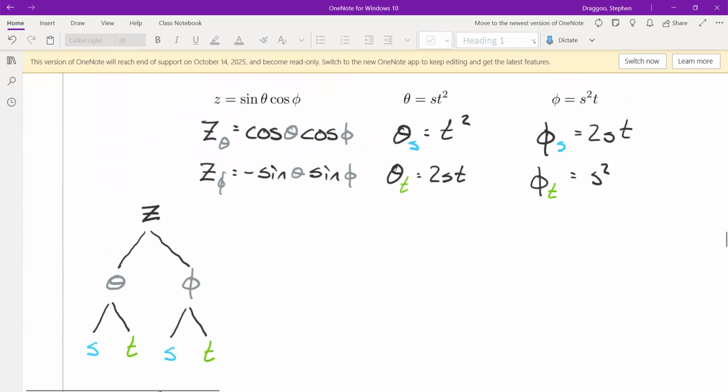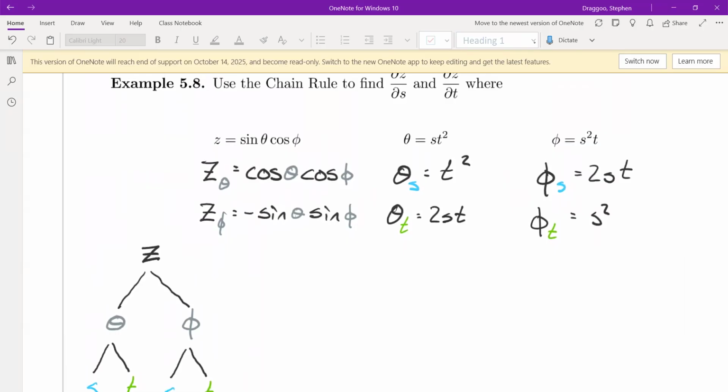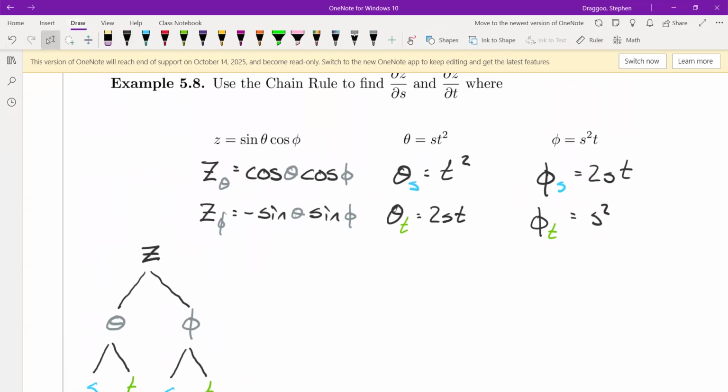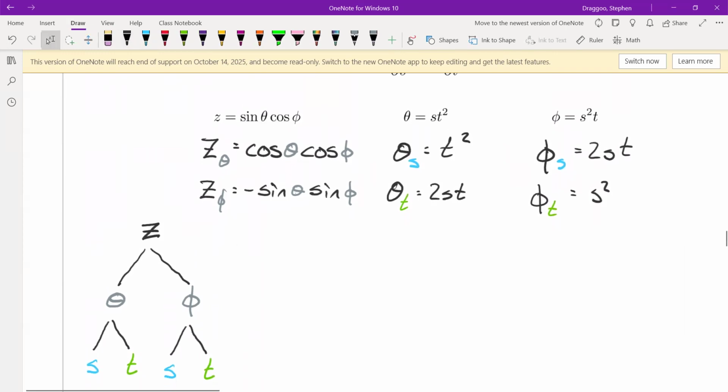So, thinking about this thing first, I would like to get a derivative of z with respect to s. So, the first thing I want, and I'll write this out in our shorthand notation, I want z partial s, which is going to look like: first, a derivative of z with respect to theta.